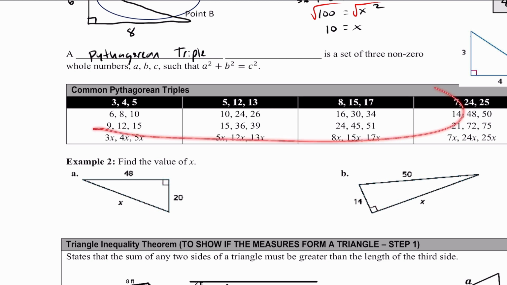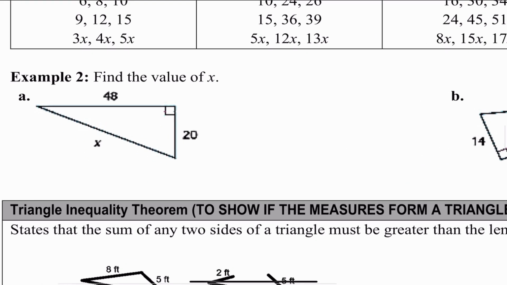Okay, so we're going to go ahead and use this idea to figure out these examples. So I have a right triangle. One side is 48, one is 20. Let's figure out the greatest common factor between 48 and 20. What is the highest number that goes into 48 and 20 at the same time?